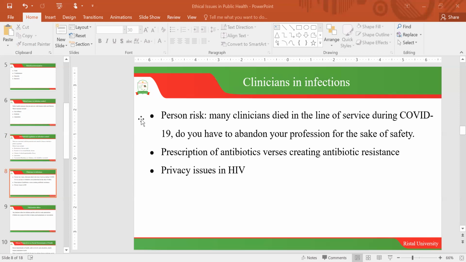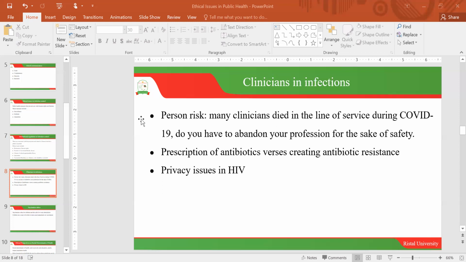Those were questions that were emerging. So what would you do? That's one scenario. The second scenario is, are you going to avoid prescribing certain antibiotics because they are going to cause antibiotic resistance? Yet these antibiotics could actually save a life if you prescribe them.